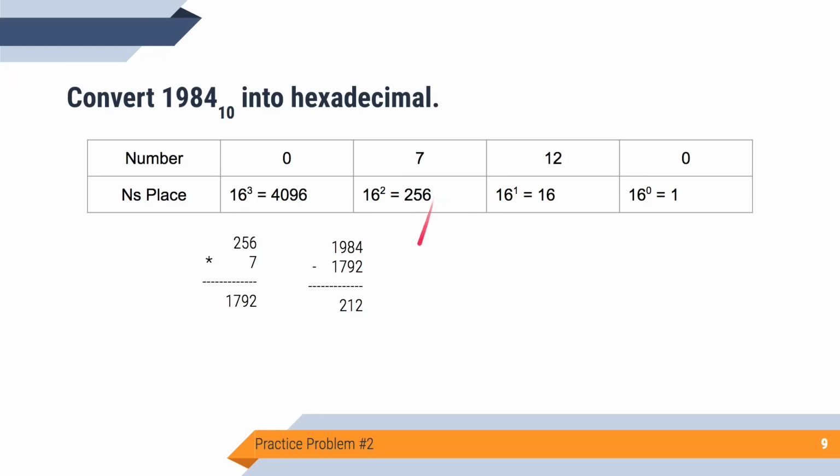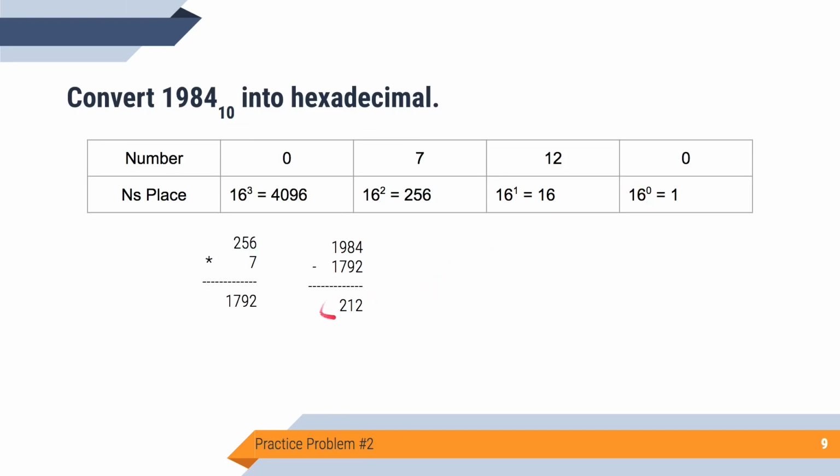All right, so 212. Now my next question is how many 16s can we fit in there? So 16 to the power of 1. We have to make sure we go in order: 16 to the power of 3, then 16 to the power of 2, then 16 to the power of 1, and eventually 16 to the power of 0, which, as you guessed, is 1, because any number to the power of 0 is 1.